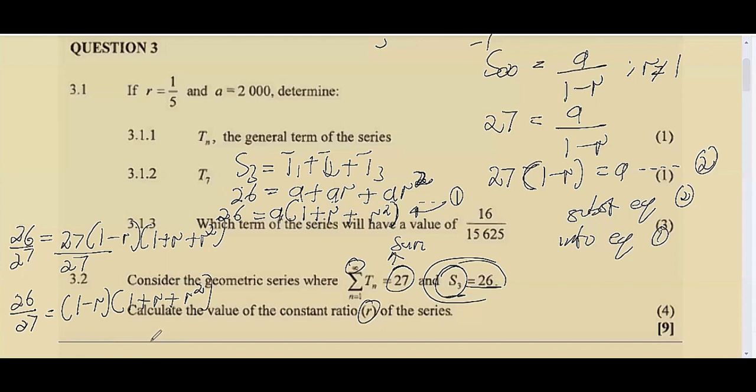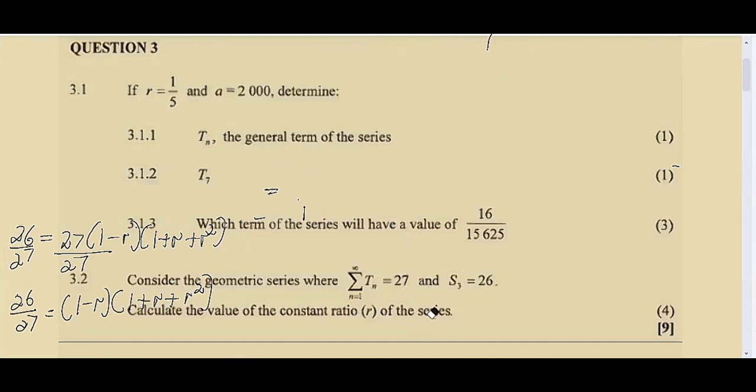Now, at this point, what can I do? Let me multiply inside with this. So continuing from that part, we have 26 over 27 is equal to 1 multiplied by 1, that's 1.